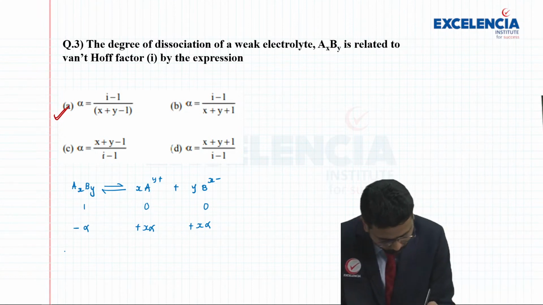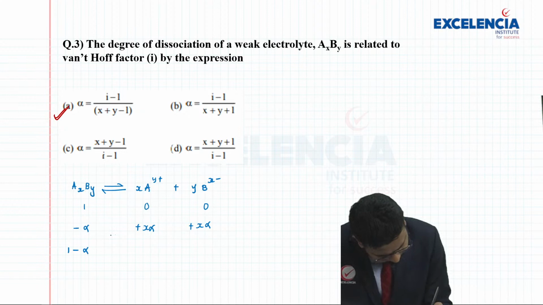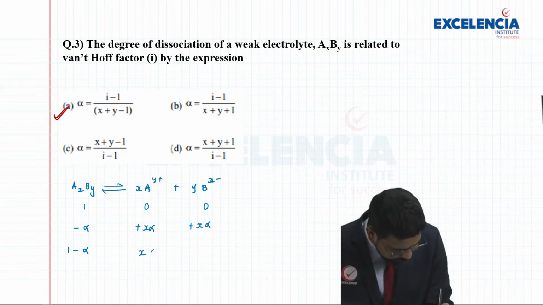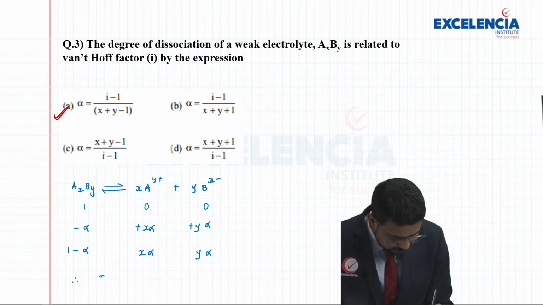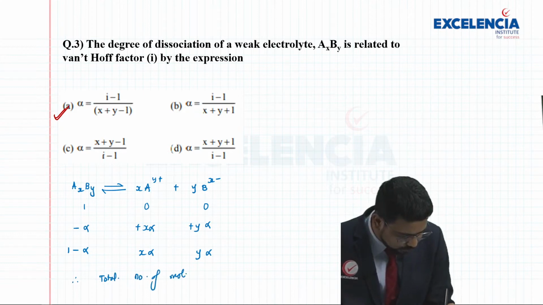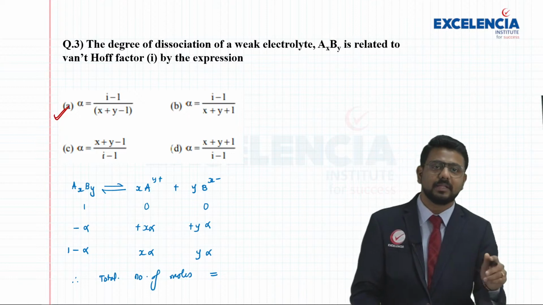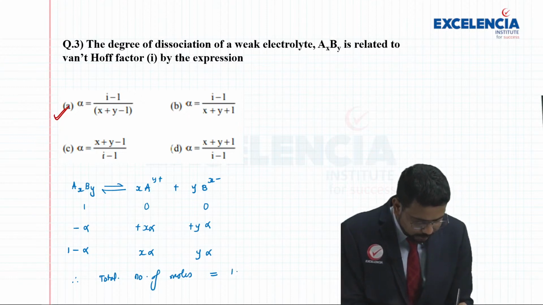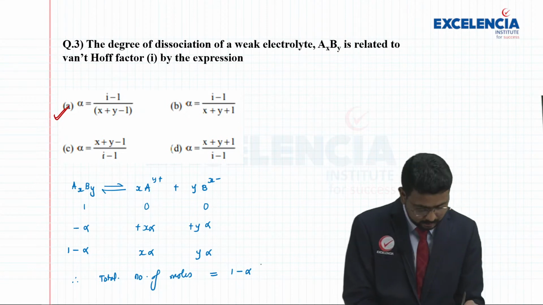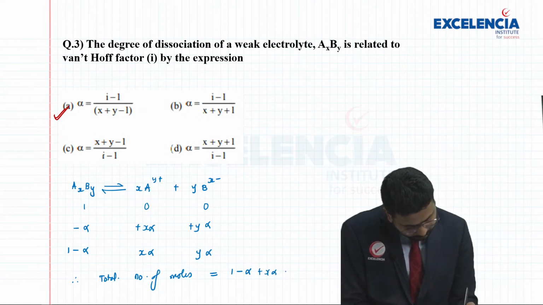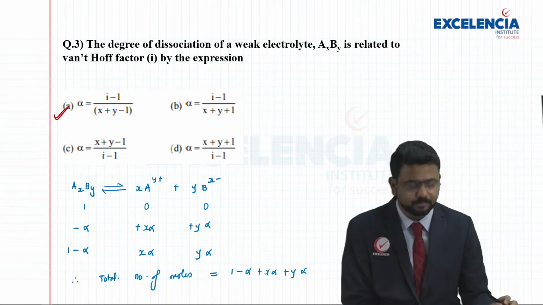Right? So if I want to find now the total number of moles in the mixture, AxBy remaining is going to be 1 minus alpha, then x alpha, and sorry, this should be y alpha. Therefore, we can say that the total number of moles in the solution is 1 minus alpha, these are the moles of AxBy remaining, plus x alpha plus y alpha.